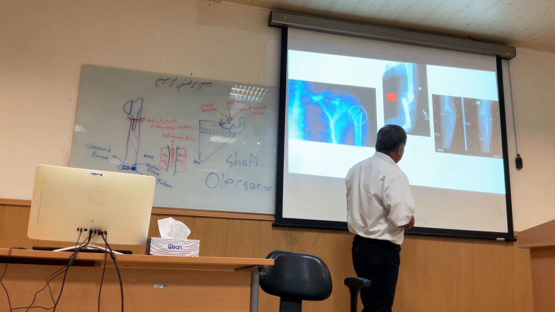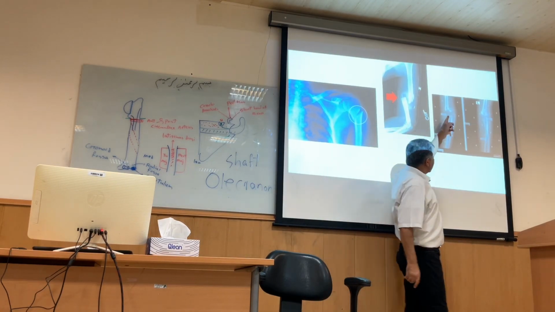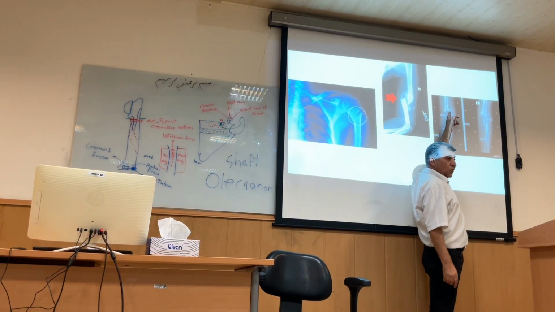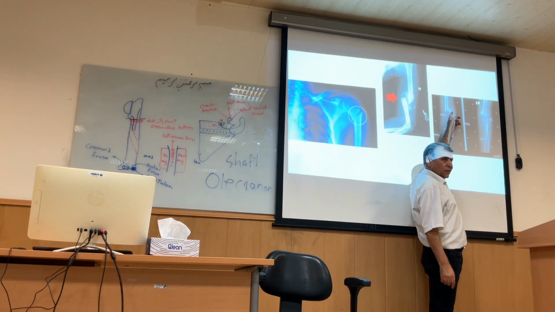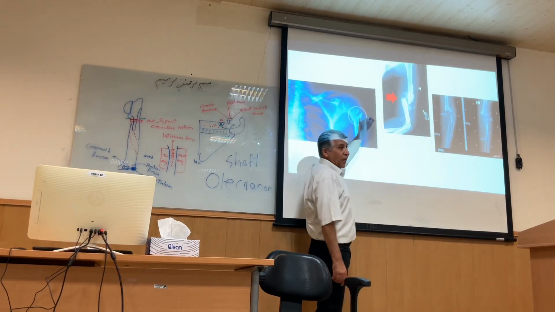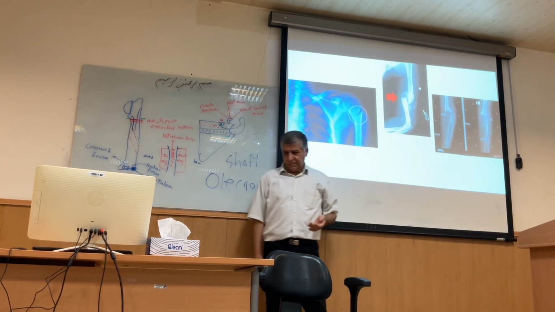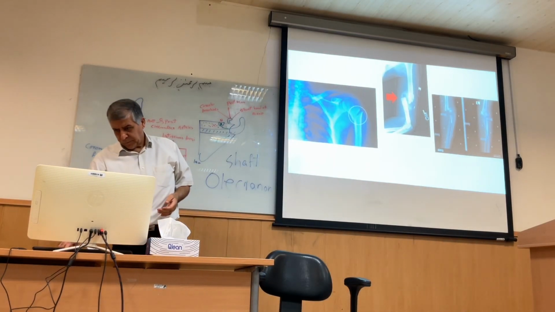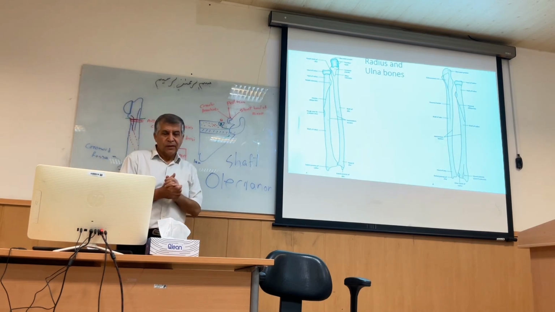This one is fracture of the lower end of the humerus. In this area, which nerve is injured? Ulnar. Radial nerve. Okay? Finish.